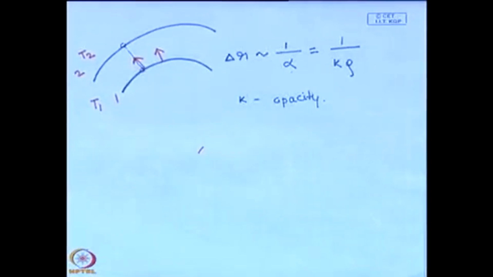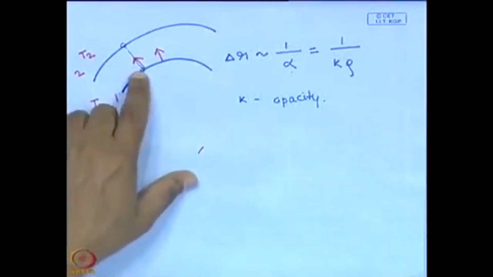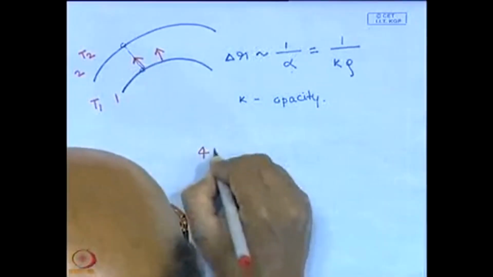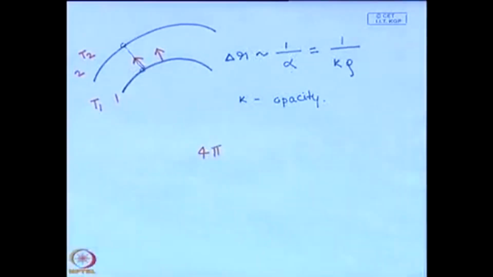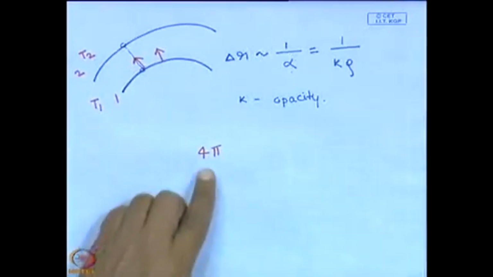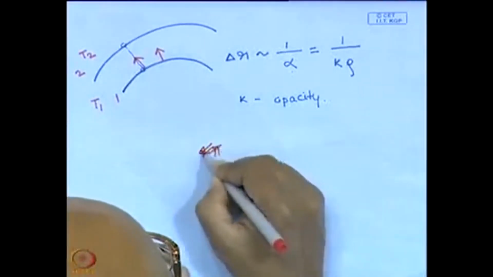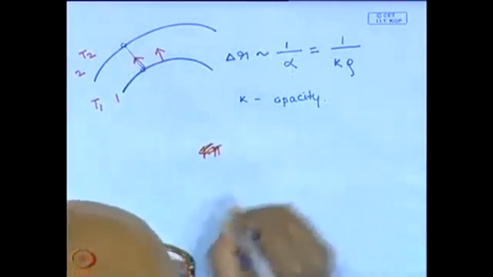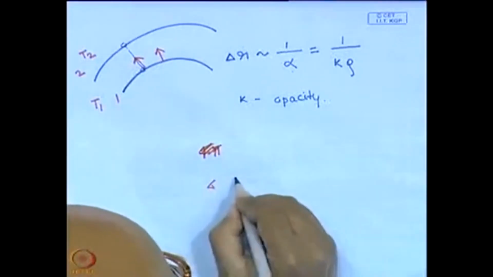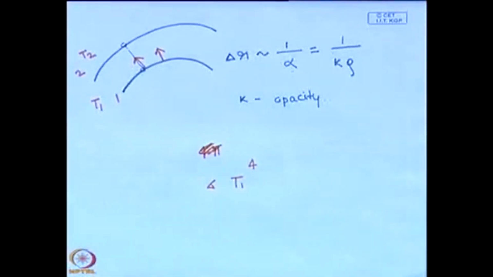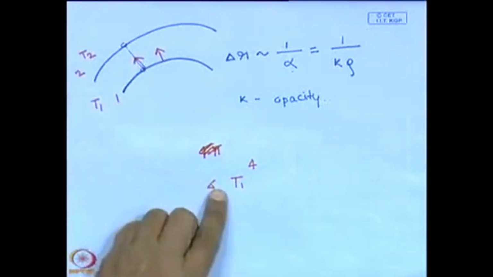Okay. So, the energy flux that is being radiated out is sigma T1 to the power 4. That is the flux per unit area, how much energy is going outwards.